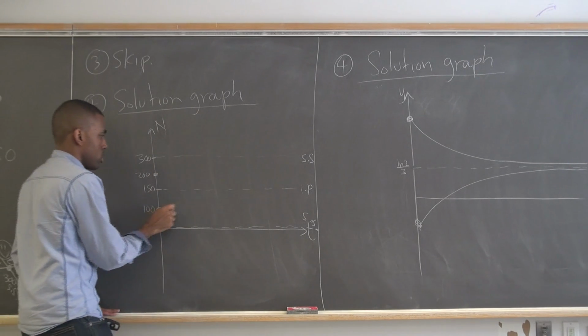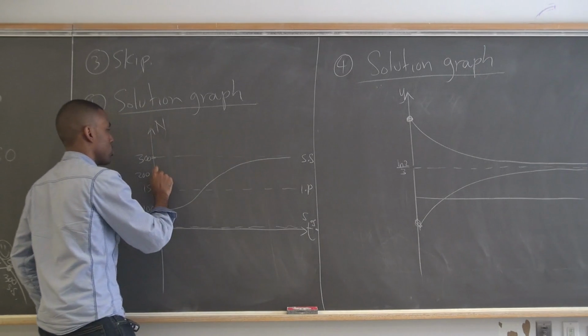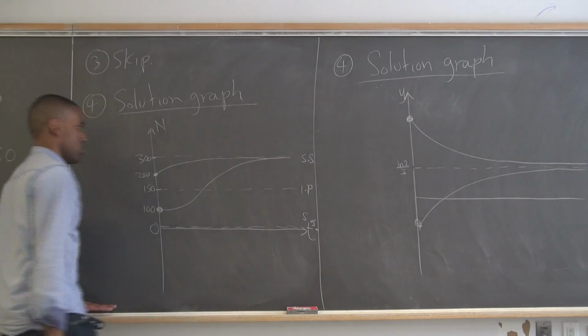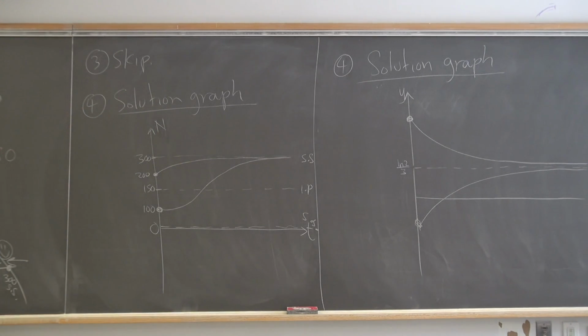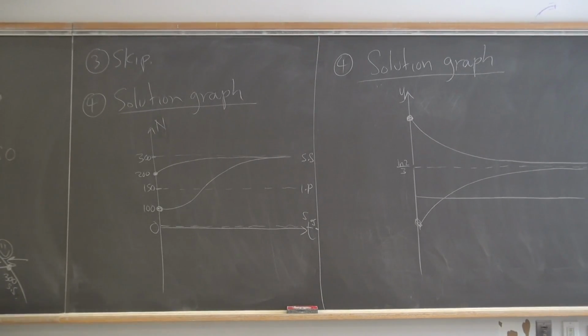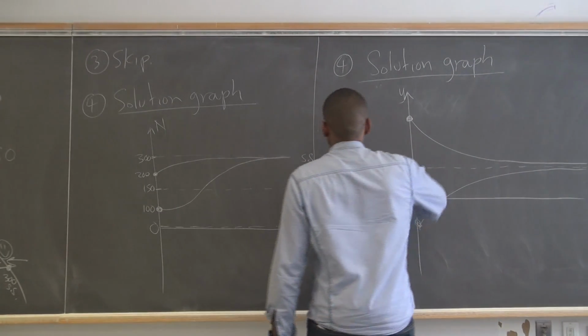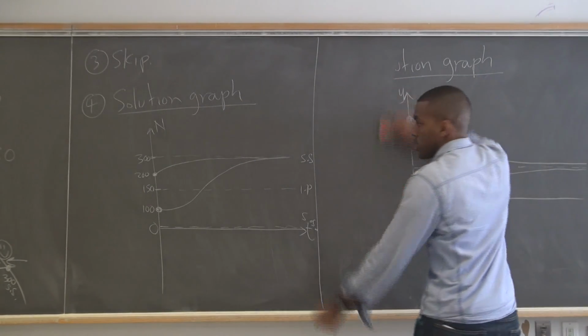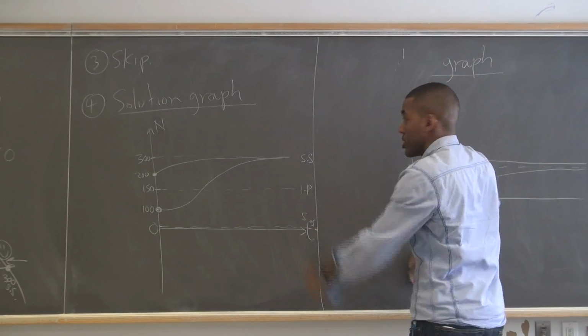So the 100 would look like this, the 200 would look like that. So you see the logistic pretty quickly, minimal computations because you know how it's going to look. Once your R is positive and your K is positive, you have a template. You just go in and you fill in the numbers. So it never changes? Once your R and K are positive, they'll always look like this.